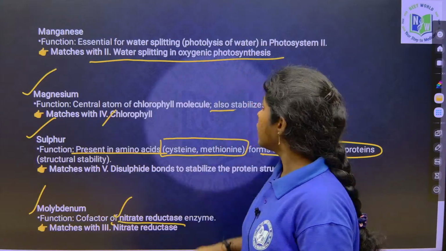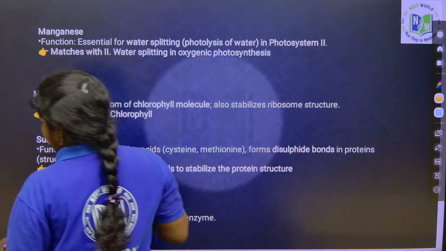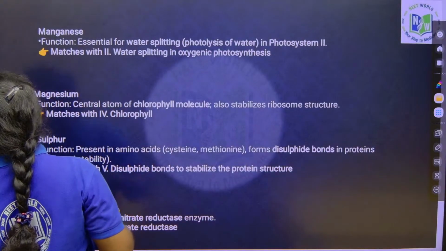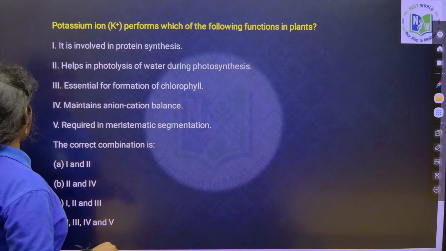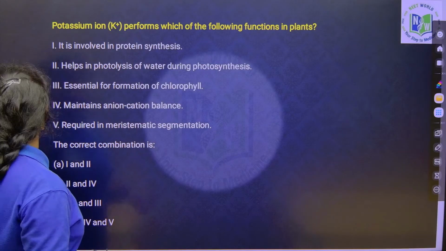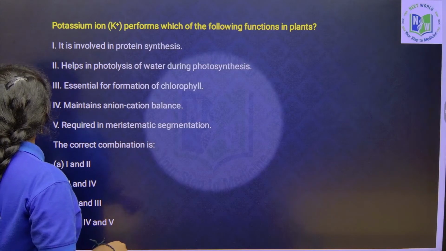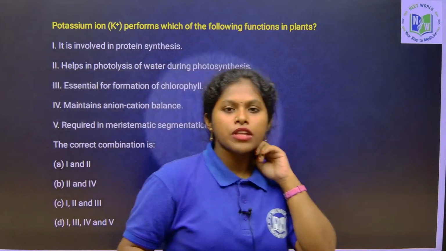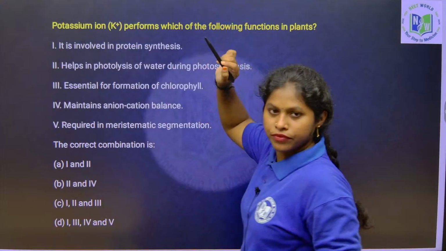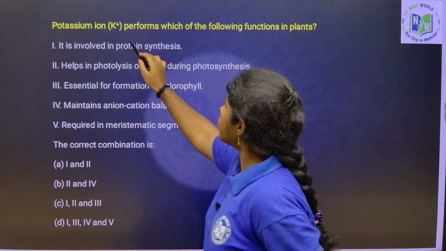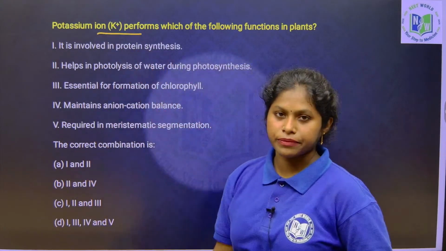Okay, so let's see the next questions, students. See the question here. Potassium ion performs which of the following functions in plants? When you see my class on the protein pump theory, the stomatal opening and closing, you will know about the importance of potassium.